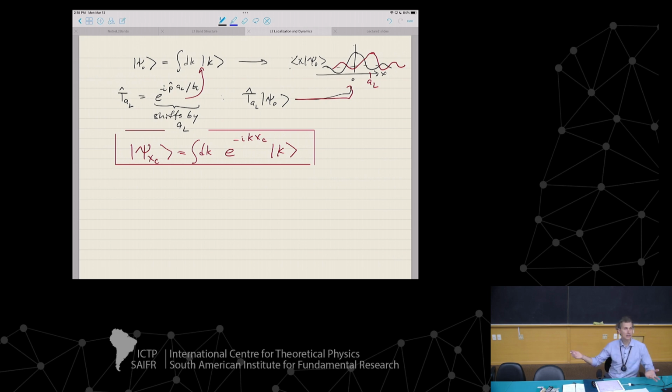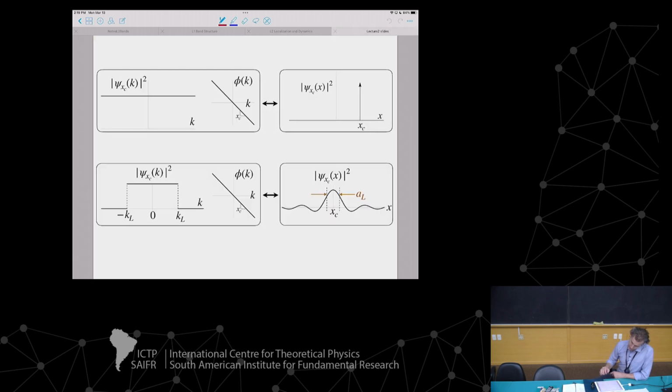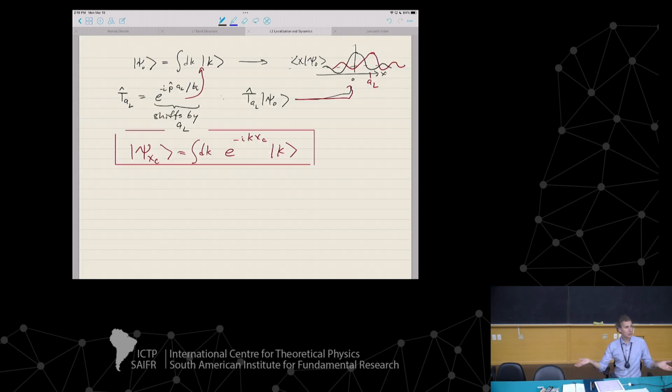Now xc can be any lattice location, for instance, or any location. I haven't really done this with a lattice yet. I'm just talking about plane wave states so far, but I'm anticipating that there are certain positions I really care about. So in the end, if I apply this phase gradient with a slope given by the position I want the wave function to be at in position space, then I can localize it at xc here. So that's how you make a localized wave function at any position.